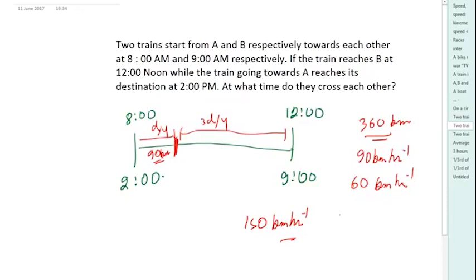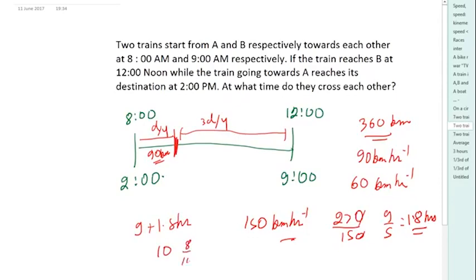So the time it would take is 270 by 150, or 9 by 5, or 1.8 hours, starting from 9 a.m. So if you had to mention the time, it will be 9 plus 1.8 hours, or 10.8 hours. So 10 hours, 0.8, don't make a mistake here. 0.8 means 8 by 10 into 60 minutes, or 10 hours, 48 minutes.